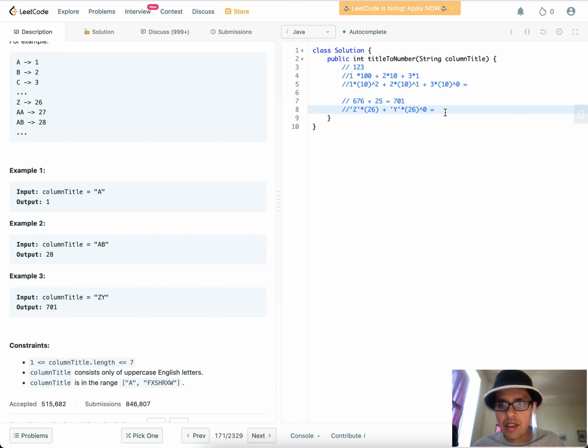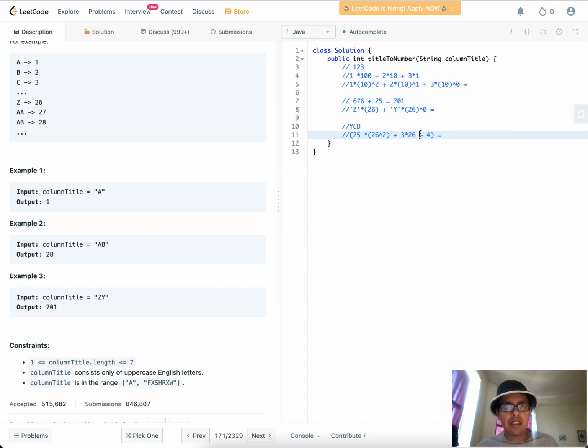Okay, one more time. Let's do that with a number, YCD. Okay, so I'm just going to write it out: you have 25, which is Y, times 26 to the 2nd power, plus 3 times 26, plus 4, and that's your answer, whatever that is.